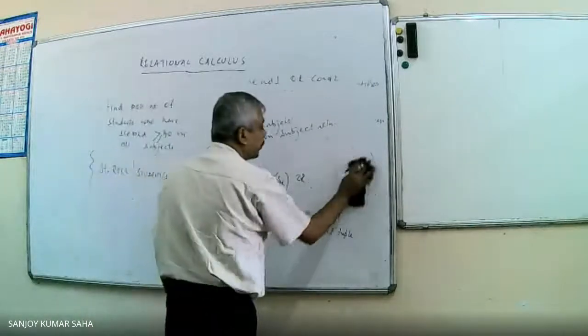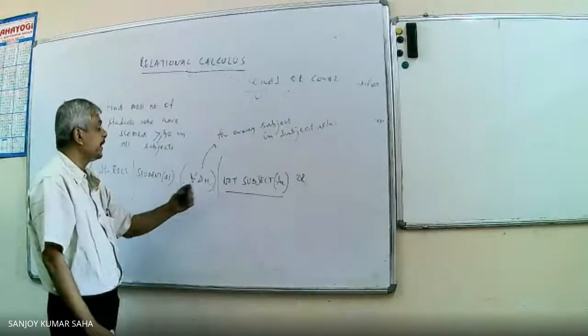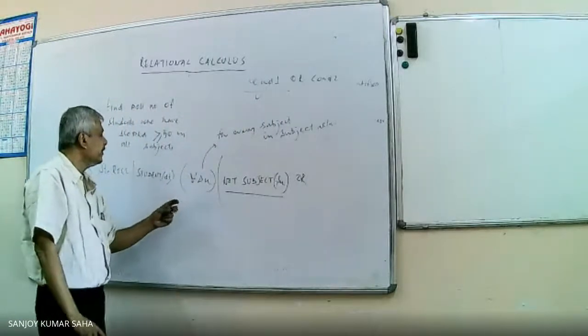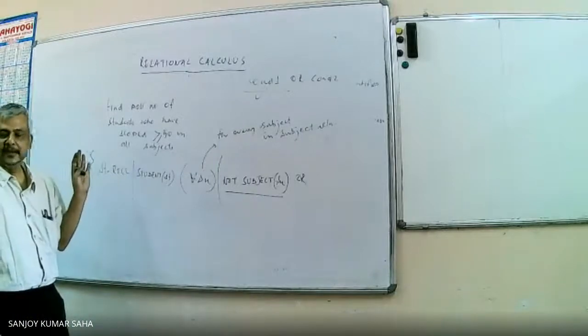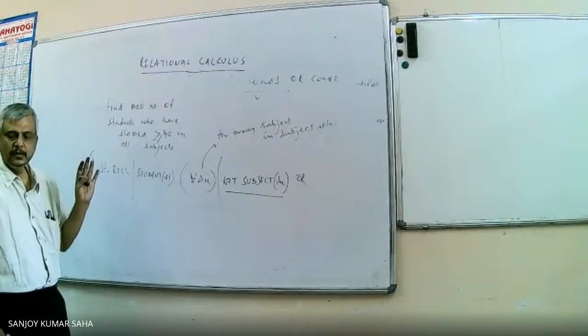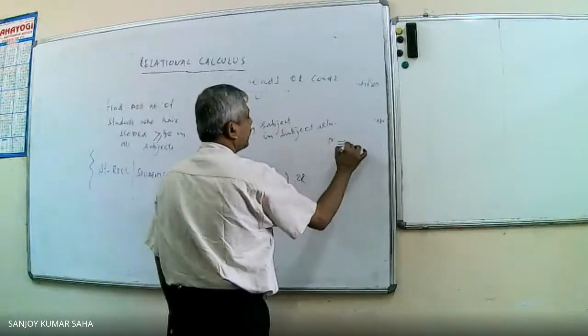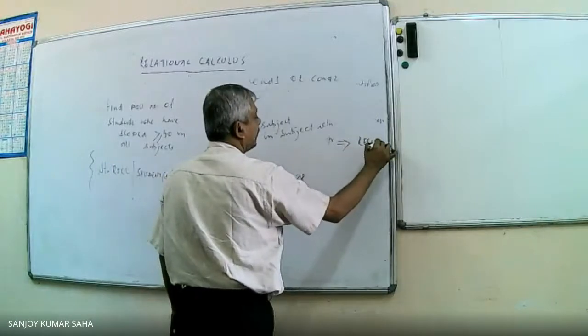Then for the subject tuples, it will come here. Now for subject tuples, what do I need to find? That in this particular subject, the student must have got greater than or equal to 50. From where do I find the score? From the result table. Say RE is the tuple variable for the result relation.